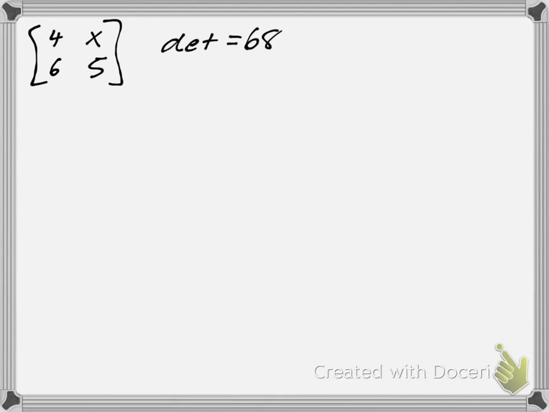Thoughts, ideas? We multiply 4 times 5 and 6 by 8. And then? That's all she's got. 4 times the 5 minus 6 times the x. I like that.